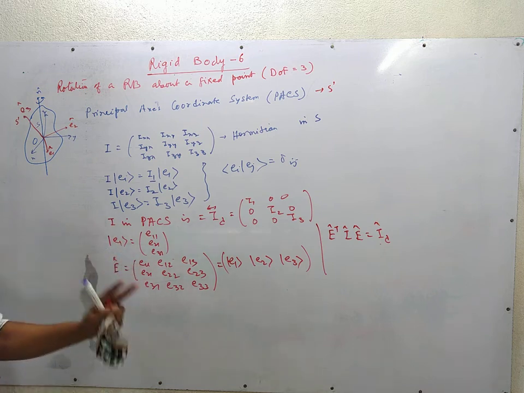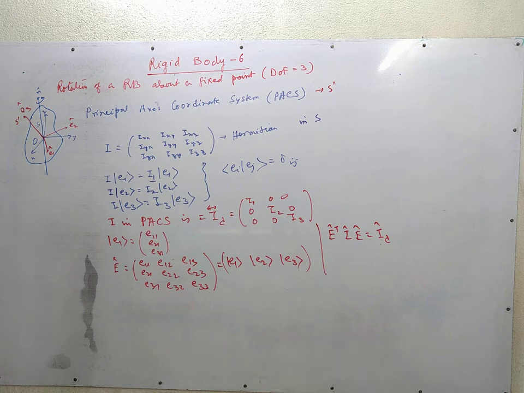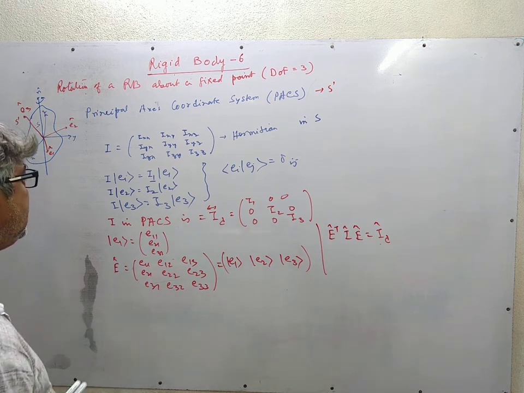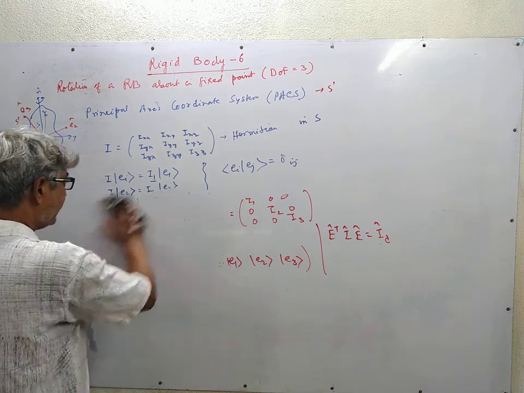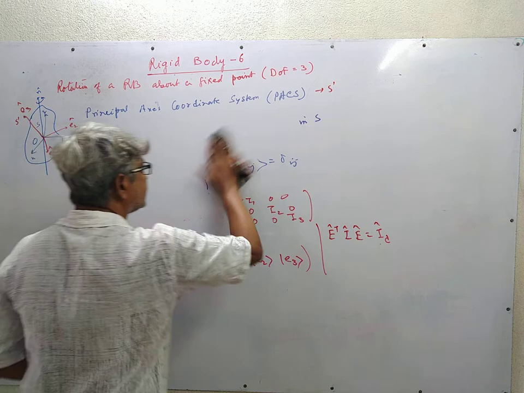So such a coordinate system is called the principal axis coordinate system, in which the moment of inertia tensor is a diagonal one. Now recall what happens to omega and L in such a coordinate system.